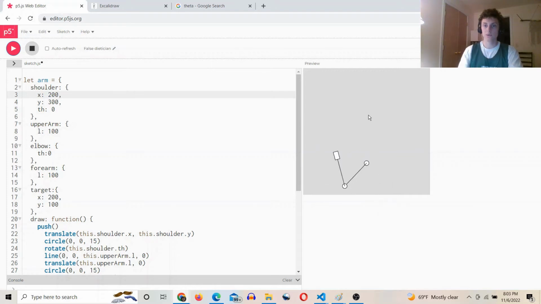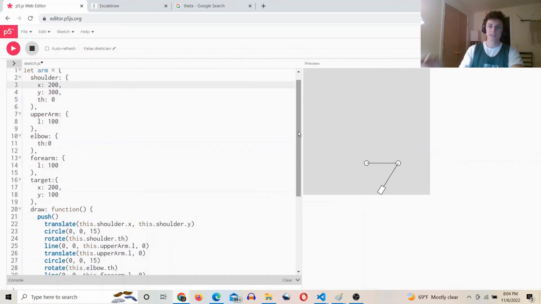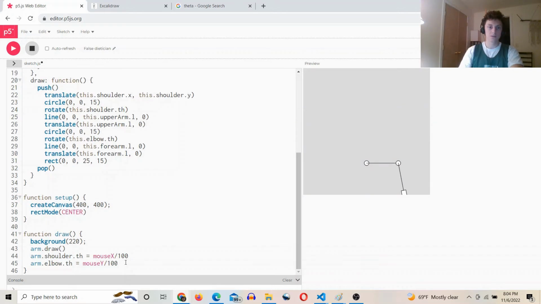All right, so what we've done now, this is forward kinematics, right? So I'm controlling the rotations and getting movement in that way. Next, what we want to do is inverse kinematics. So we want to go from a target point and have the angles be figured out automatically.